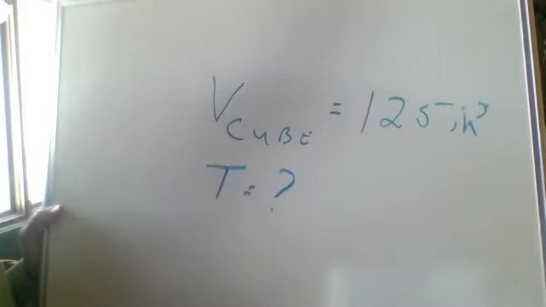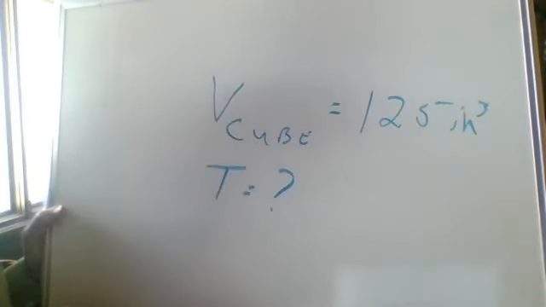That means you're going to have to work this backwards to find the length of the side, and then work it forward to find the total surface area.